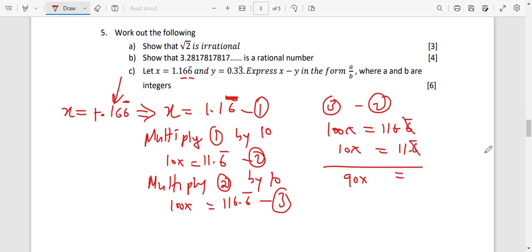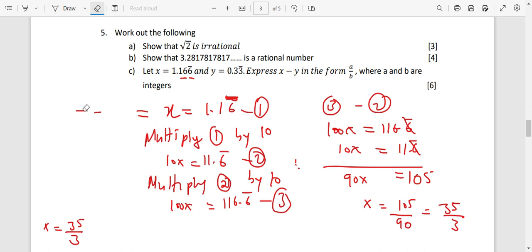The numbers after the decimal, I'll not count them since they will cancel. 6 minus 1 is 5, 1 minus 1 is 0, and then remain with a 1, right? 105. So that means x is going to be 105 over 90. From here, if I want, I'll go on and express it in the simplest form. We know that 5 can go into 105 and into 90. So that is 35 over 3, right? Meaning that x is 35 over 3.